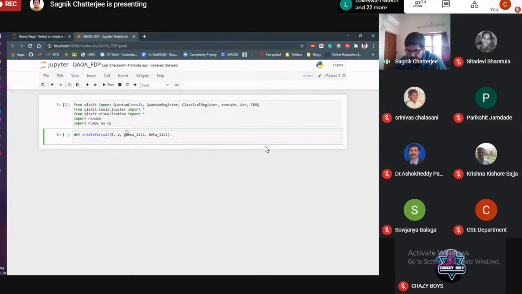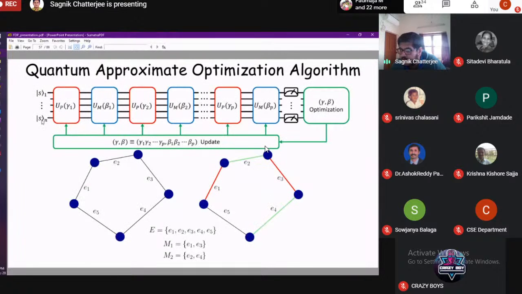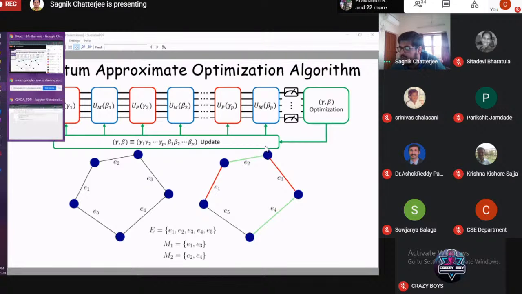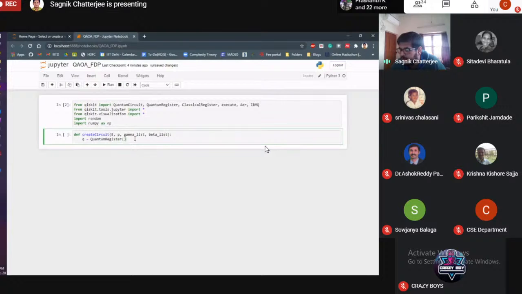So first things first, we declare our quantum registers, or the qubits. For example, the S1 to Sn, these are all qubits. These are what we will be referring to as Q in our circuit. So Q are the S1 to Sn.